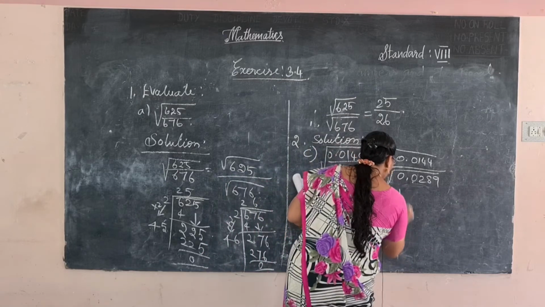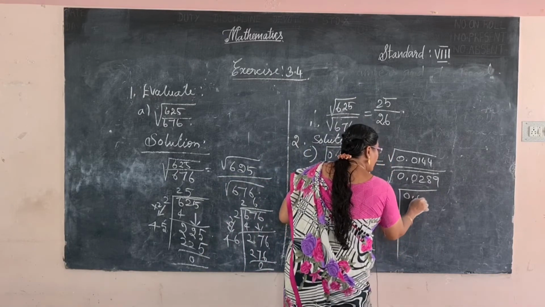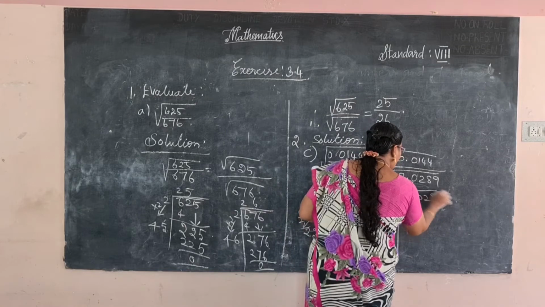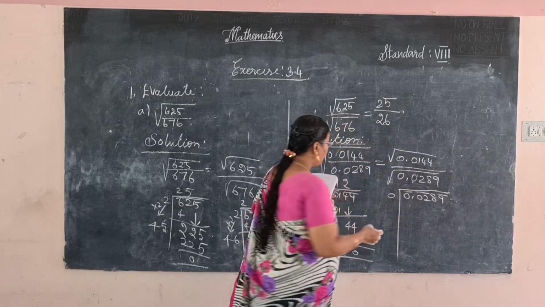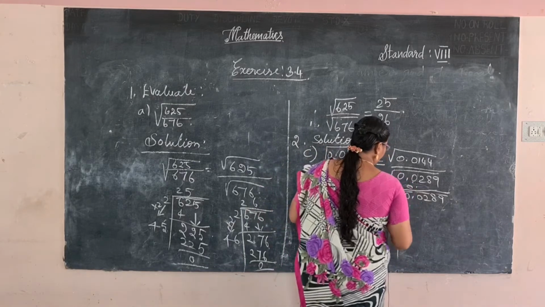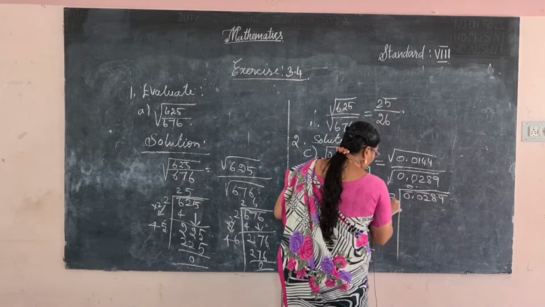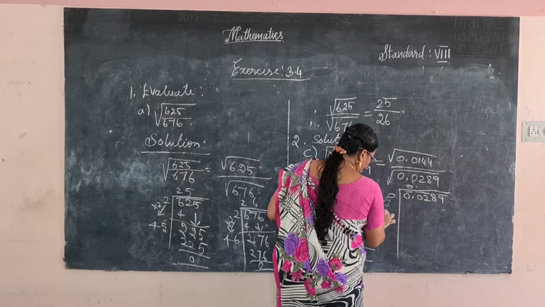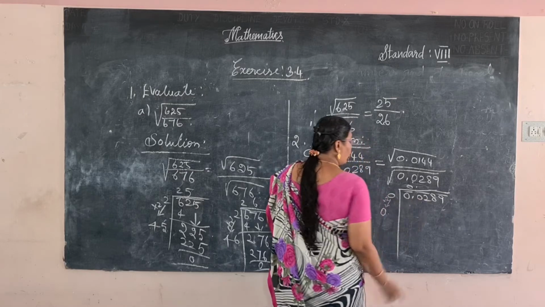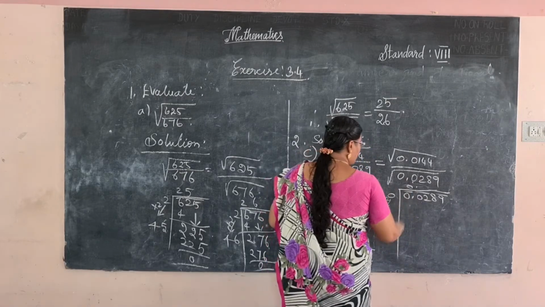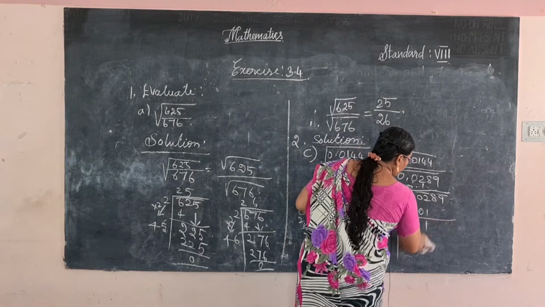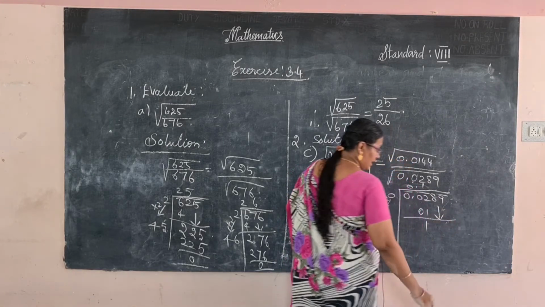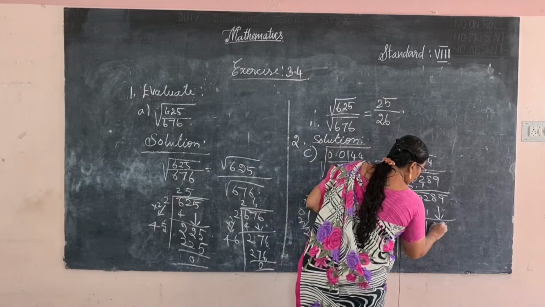And next find out the square root of 0.0289. Okay, so first divide into pairs. Okay, so 0 decimal, and next one multiply by 2, we get 0. Okay, which number to multiply? How many squares in 2? 1 time. Okay, so multiply, we get 1. Now bring down the next two digits.